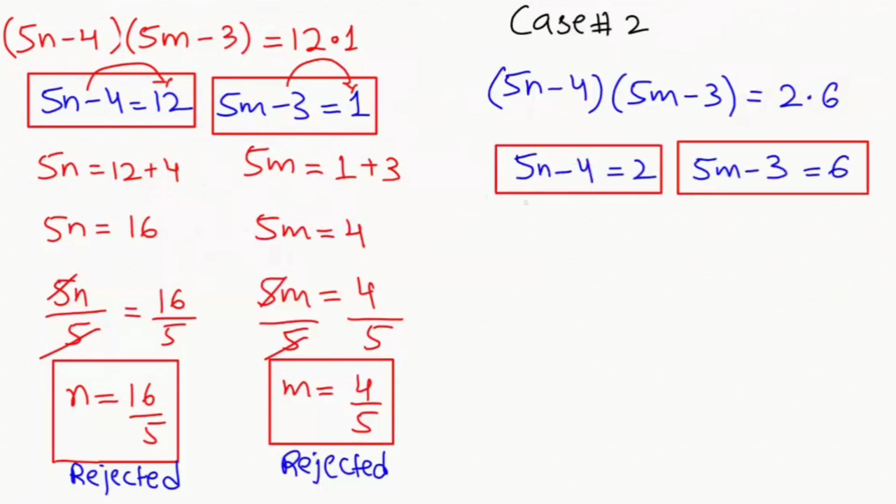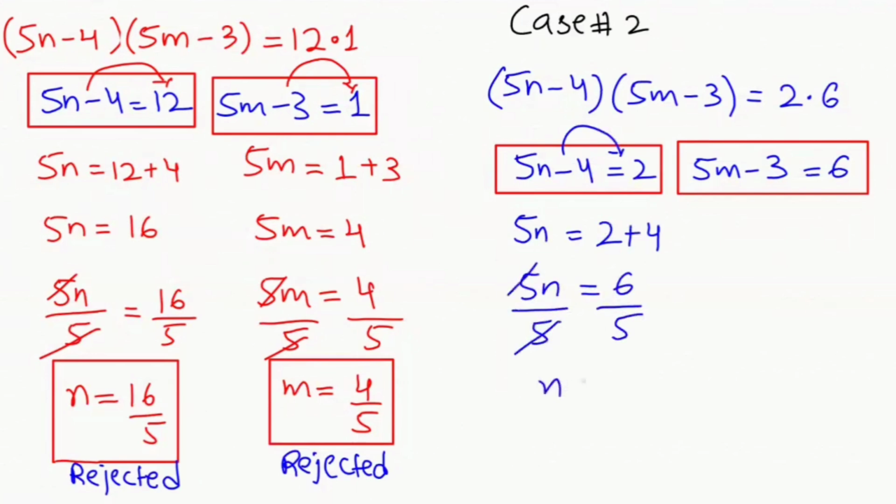Here I will solve this expression for n: 5n is equal to 2 plus 4, so 5n is equal to 6. Now this 5 is dividing on this side, so here we get n is equal to 6 over 5. So again we get a non-integer value, so this case is also going to be rejected.